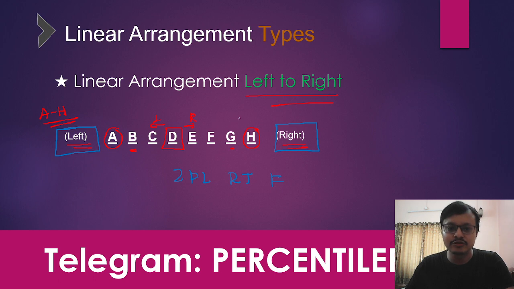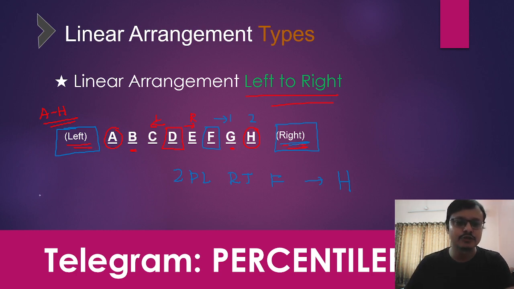From F, 1 place to the right is G, 2 places to the right is person H. So you mark the answer as person H.